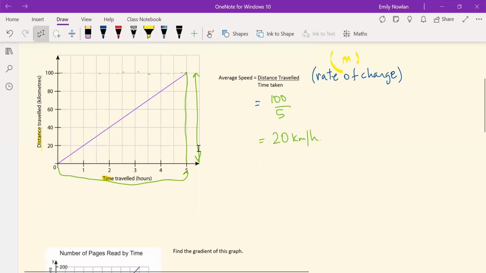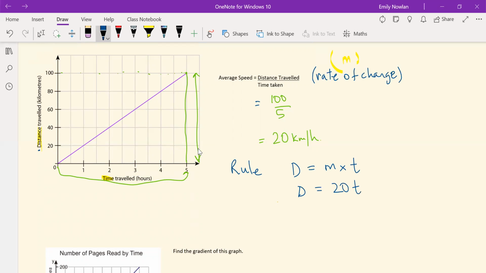The rule for this graph would be, whatever the vertical axis is, so distance traveled, let's call it D, is equal to the rate, we'll call it M or gradient, times the time traveled in hours. Now we know what the M is. The M is 20, we worked it out, so it's 20t. So distance equals 20 times t.